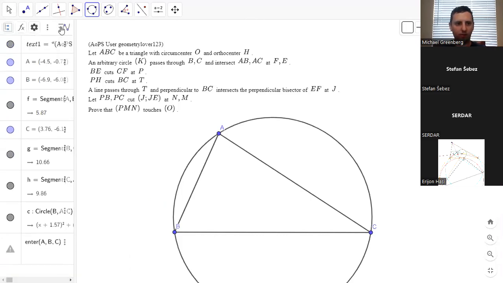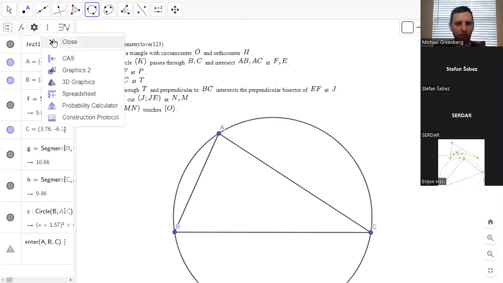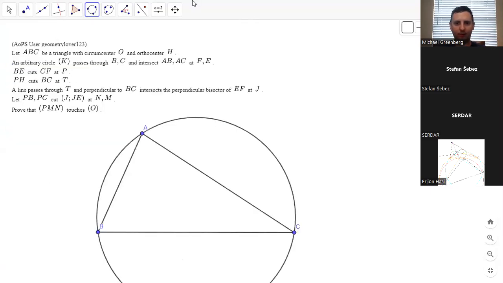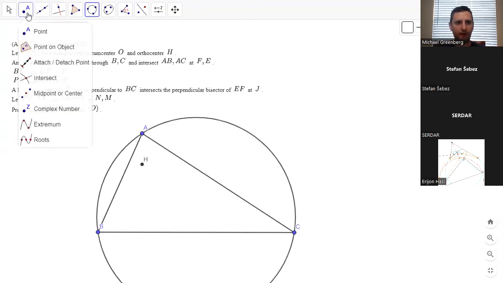Let me get rid of this. Whoops, I deleted the orthocenter. There we go.